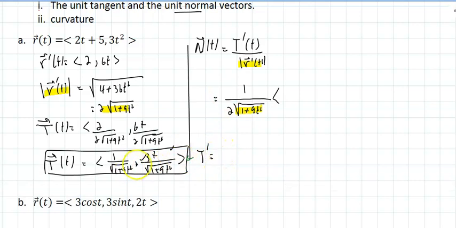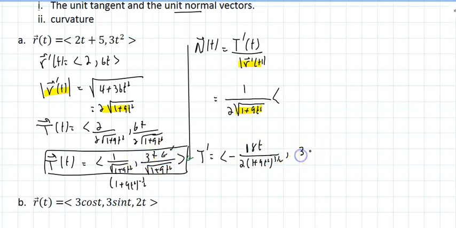That's going to be 1 plus 9t squared to the negative 1/2. So bring the power down, subtract 1 from the power, times 1 plus 9t squared to the 3/2 times the derivative of the inside, which is 18t. And here I need the product rule. I mean the quotient rule.